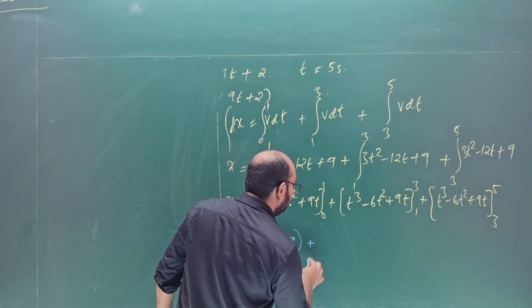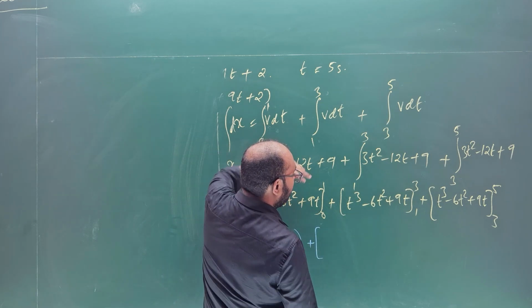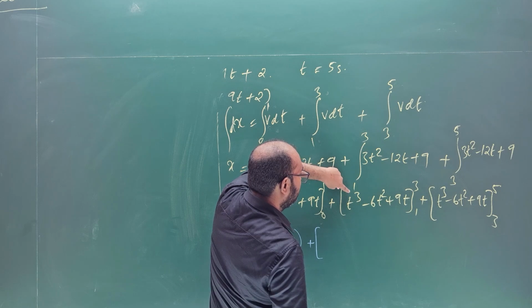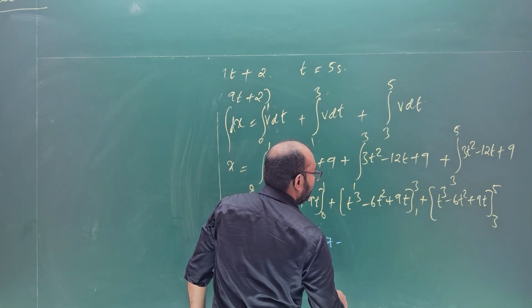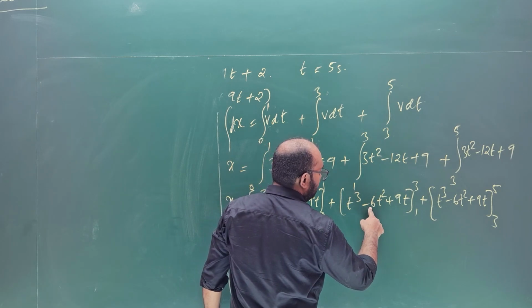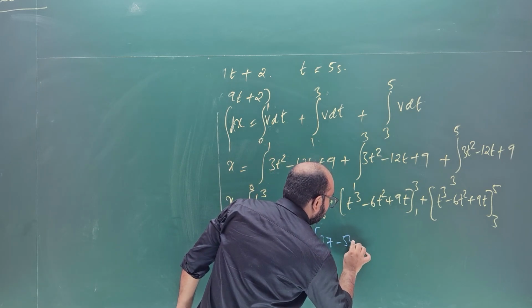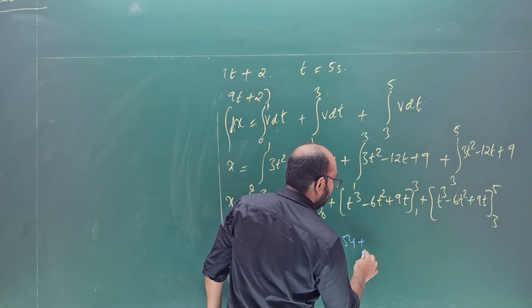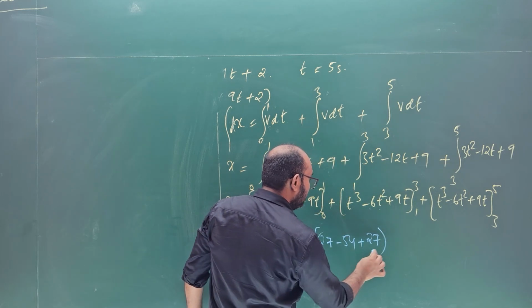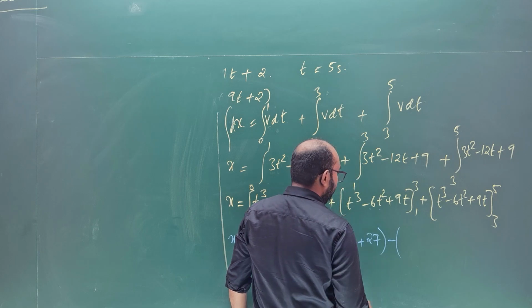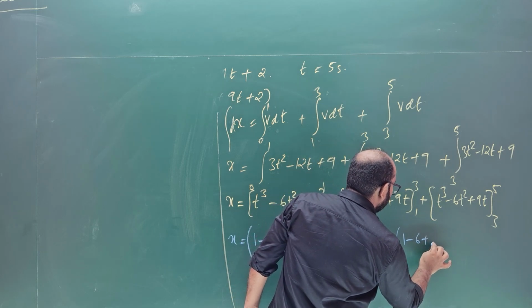Then plus, upper limit 3 cube, that is 27, minus 9 times 6, 54, plus 9 times 3, 27, and your lower limit is 1 minus 6 plus 9.